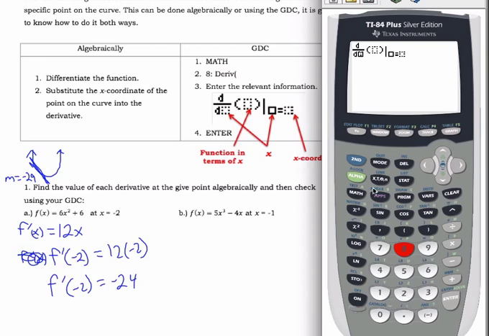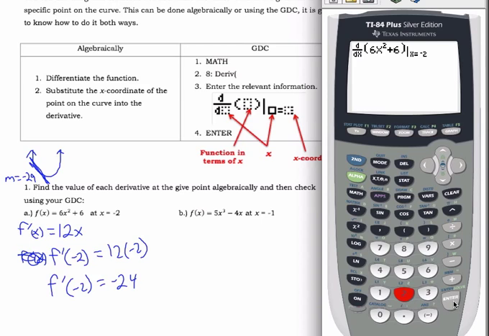Okay, so we're going to be differentiating with respect to x, so that's going to be d by dx. Here you type in the function, so our function is 6x squared plus 6. So that's our function, and then over here we have to type in the value of x. That little box, so our value of x is negative 2.